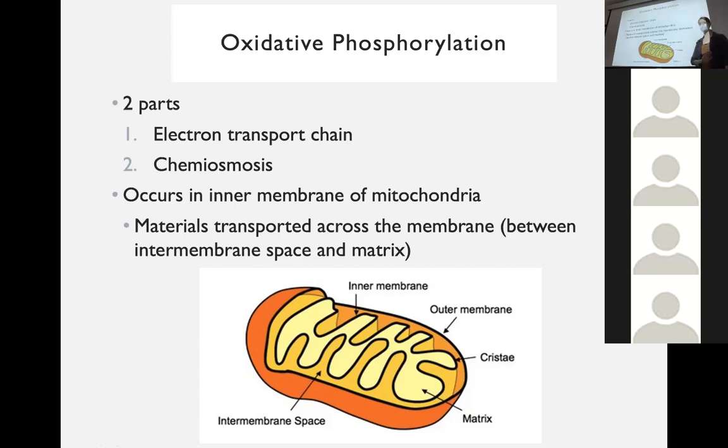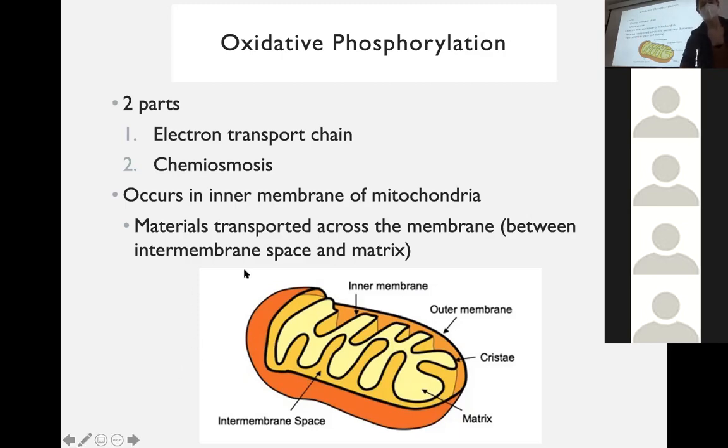Inner membrane, INNER, versus intermembrane, INTER membrane space, can get very confusing. So this infolded piece is the inner, INNER membrane. The space between that membrane and the outer membrane is called the intermembrane space, INTER.